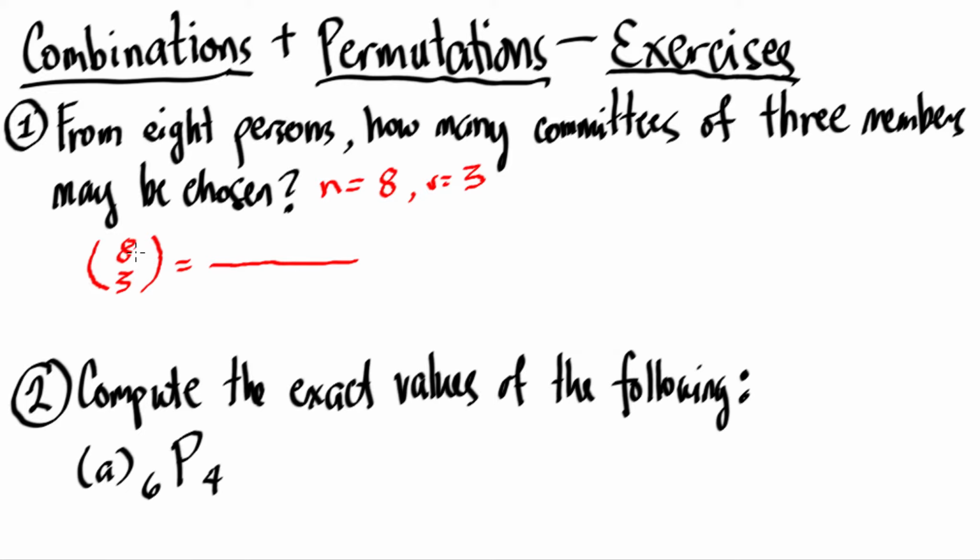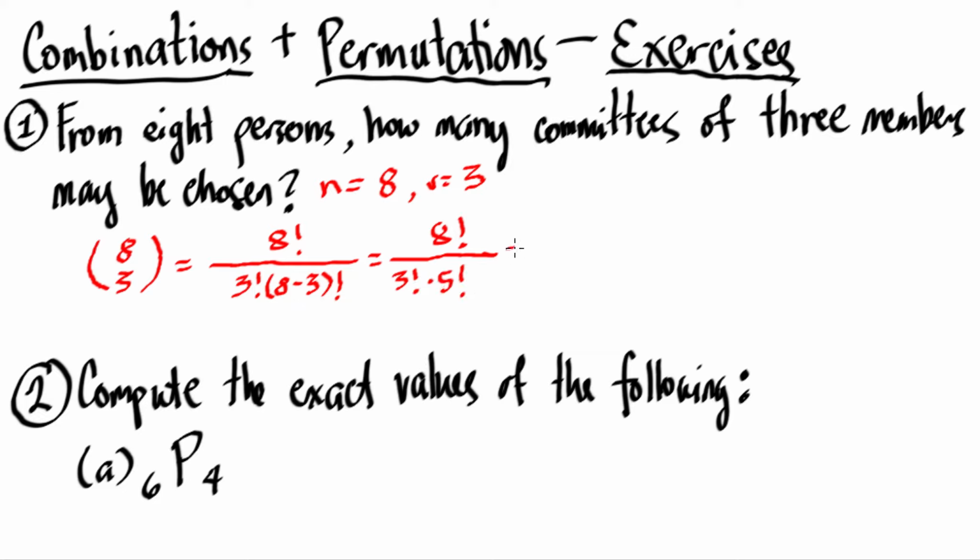So 8 choose 3 is going to be 8 factorial all over 3 factorial times 8 minus 3 factorial. 8 minus 3 is 5 factorial. So we have 8 factorial all over 3 factorial times 5 factorial.